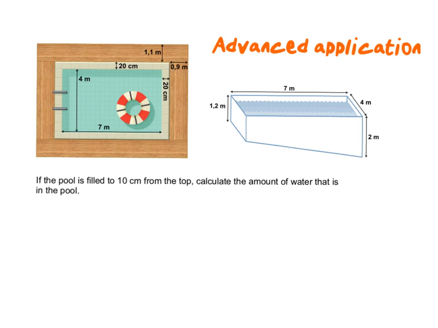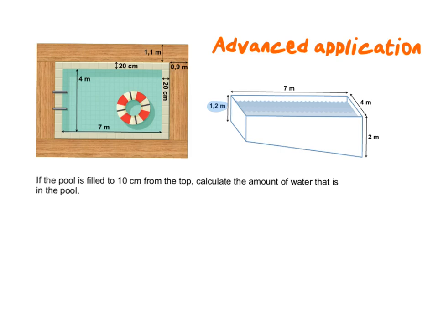There are two ways of working this out. You can either do the same calculation we did earlier, but just have a depth that is slightly less. What I mean by that is the 1.2 would be 10 centimeters less, or you can work out the little bit that is left out and subtract it.